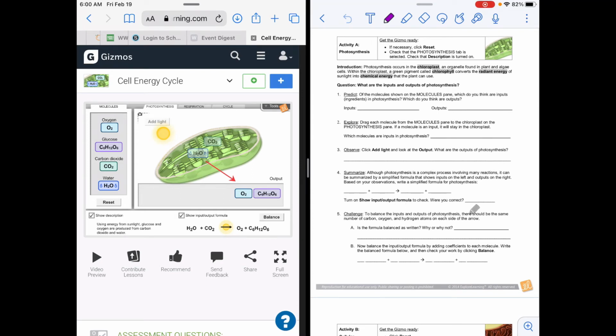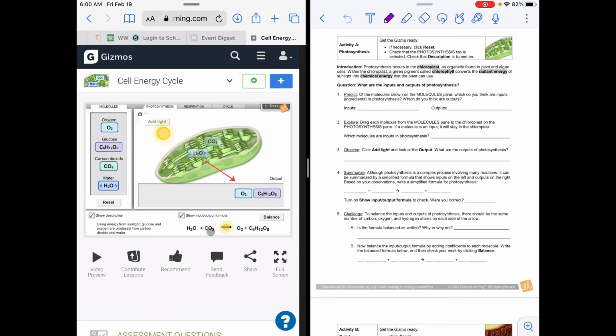Next, the challenge. To balance the inputs and outputs of an equation, there should be the same number of carbon, oxygen, and hydrogen atoms on each side of the arrow. Is the formula balanced as written? Why or why not? So if you are looking at this formula, we've got 2 H's here, and we've got 12 H's over here. Is that balanced? Is it equal? We have 1 oxygen plus 2 more oxygens.